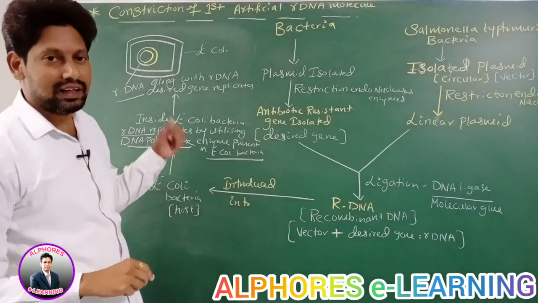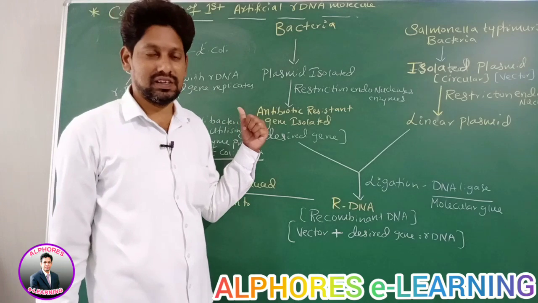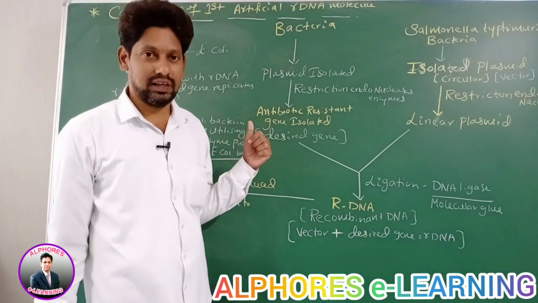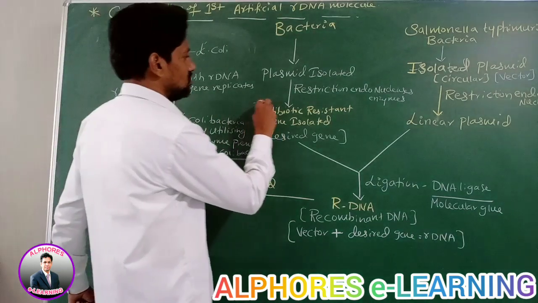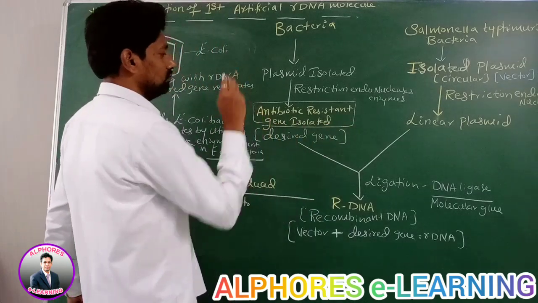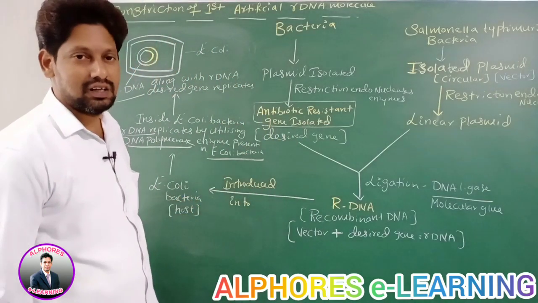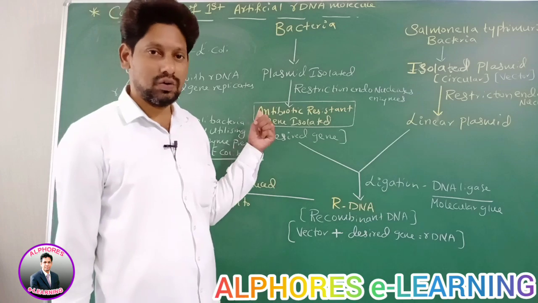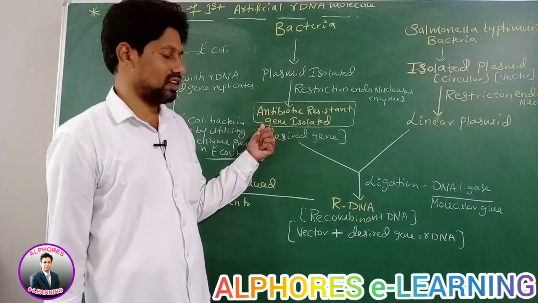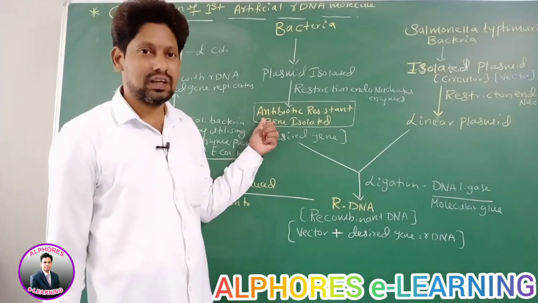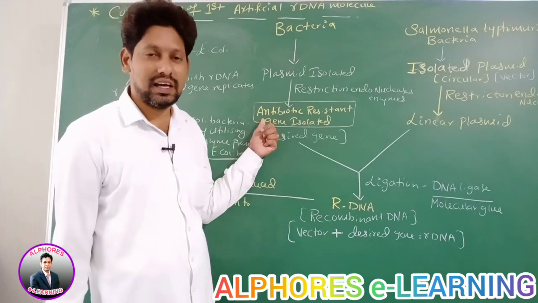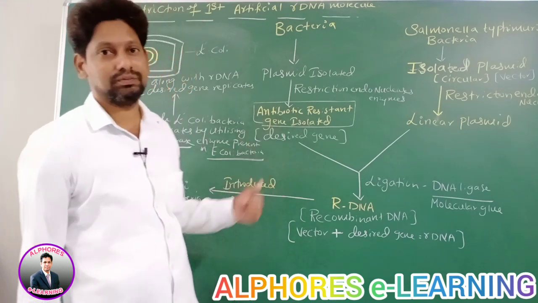Along with rDNA, what has replicated? The desired gene has replicated. Therefore, what is cloned? Antibiotic resistant gene was cloned. What is the first gene that was cloned? Antibiotic resistant gene.